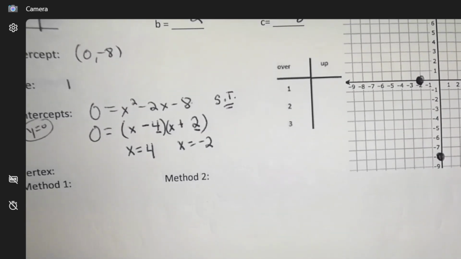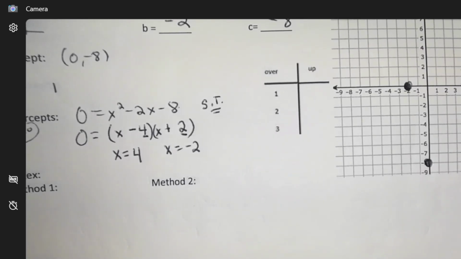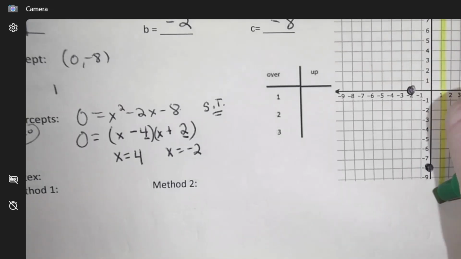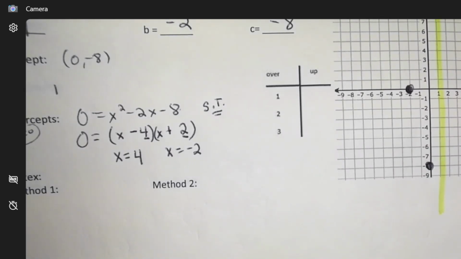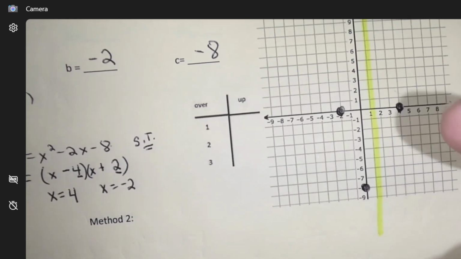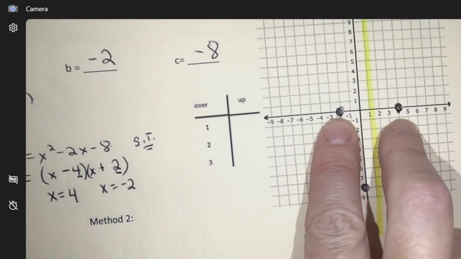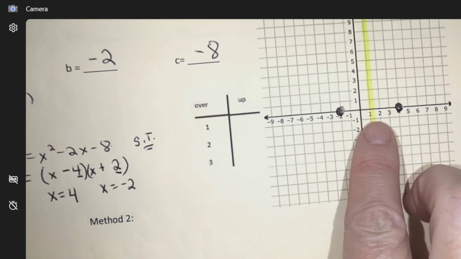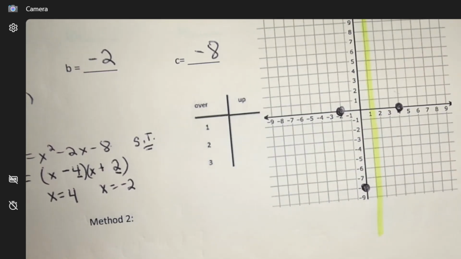What x value would you have to cut through? 1. That's where you would have to cut through, because if these are symmetric partners, they would have to be the same distance from the middle, right?